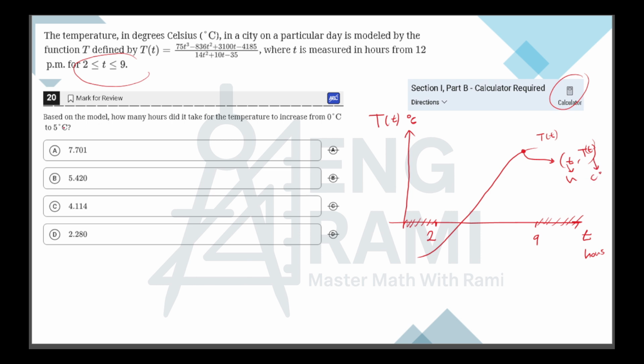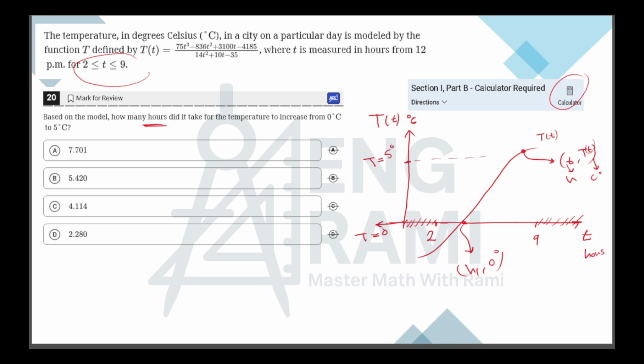The question, based on the model, how many hours did it take for the temperature to increase from 0 until 5 Celsius degrees? If you just go there, you're going to see this is the point with t in hour 1 and 0 Celsius degrees.